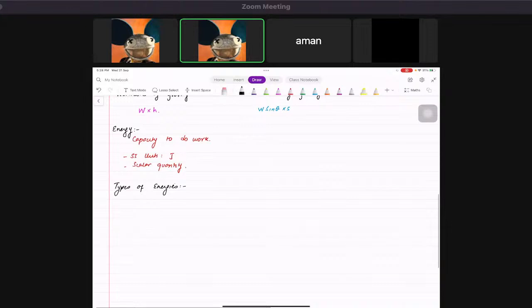So there are certain types of energies that we're going to discuss today. First, let's look at the potential energy. So potential energy has three different forms.